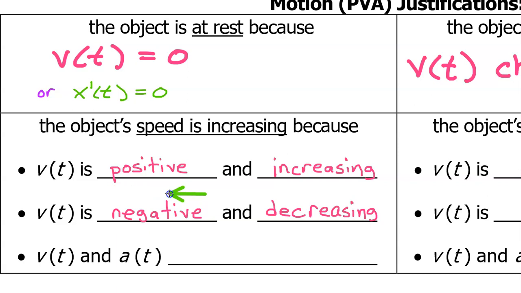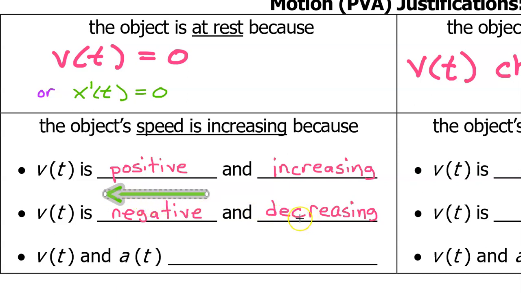Here's why. Imagine that the object is going to the left at negative 10 meters per second. And then it's going negative 20 meters per second. That's actually a decreasing velocity because negative 20 is less than negative 10. If we then go to negative 30 meters per second, negative 30 is less than negative 20.